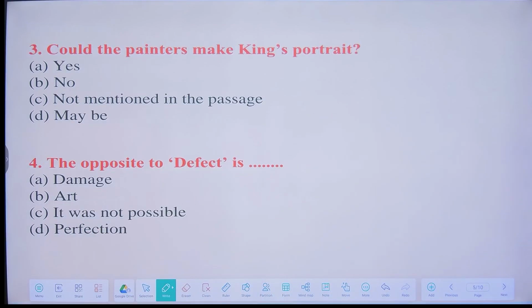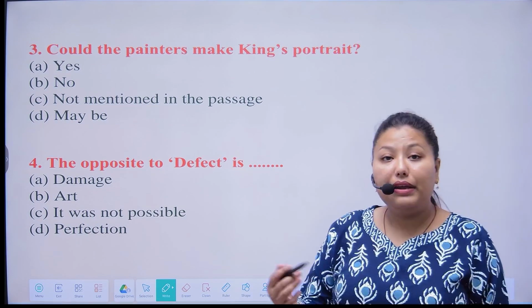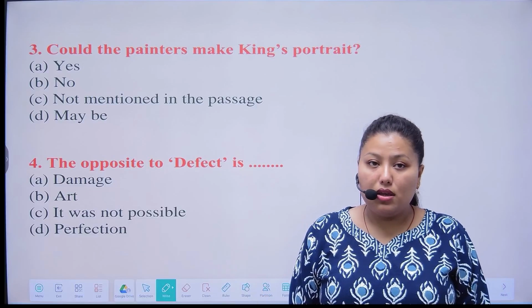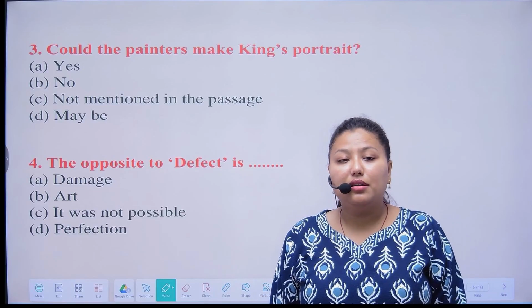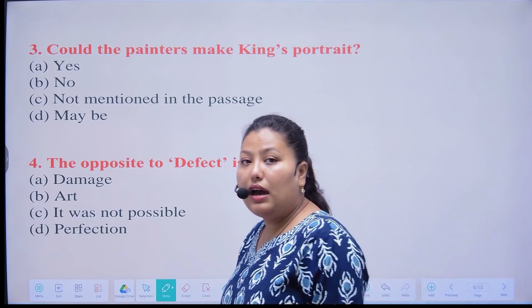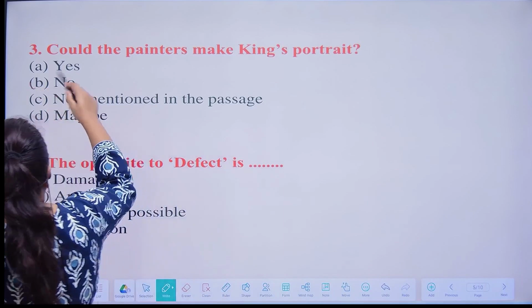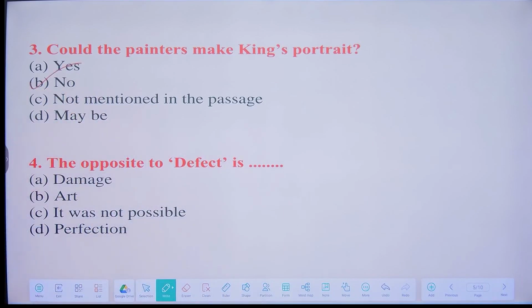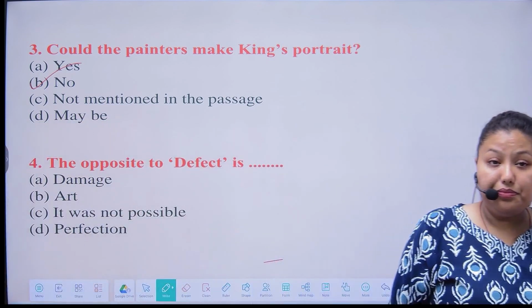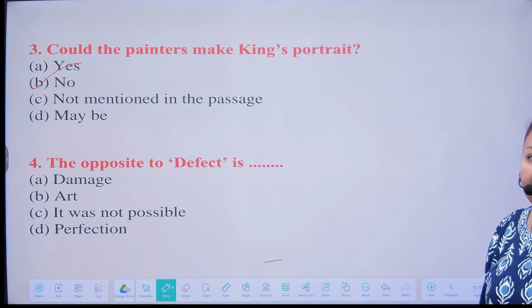Next question: could the painters make king's portrait? Options are: yes, no, not mentioned in the passage, maybe. So the painters didn't make king's portrait, but there is one painter who made a painting.